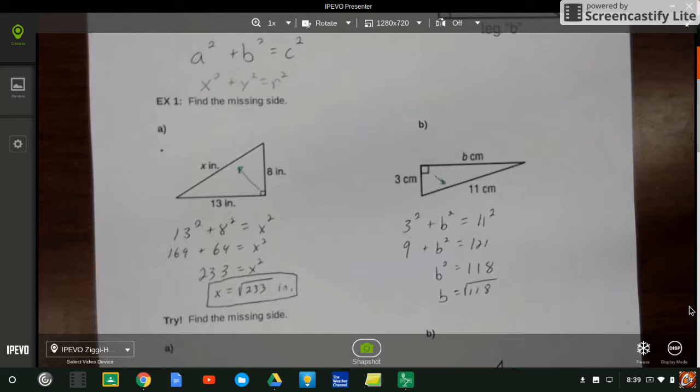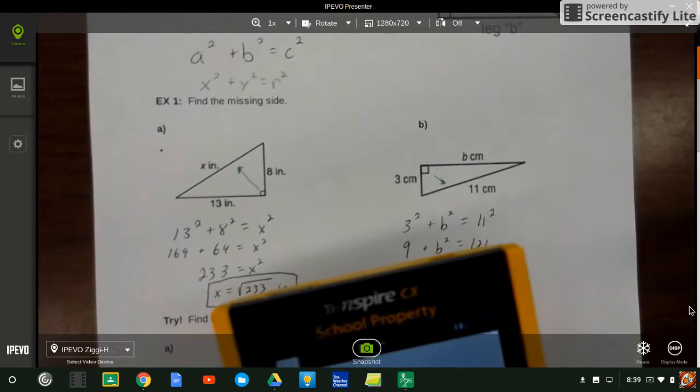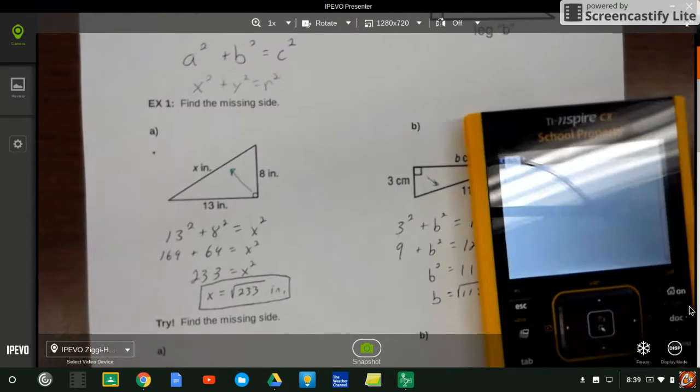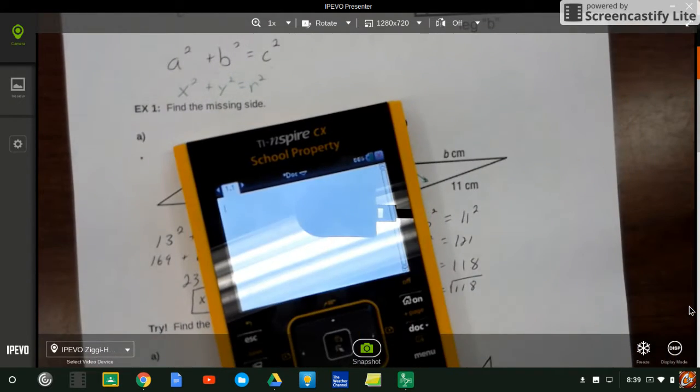Let's see, 118. I have a feeling 36 works. Nope. Remember our little trick, we'll divide by 2, so nothing bigger than 59. Let's try 9. Nope. Maybe 118 is not going to break down. Divided by 7.